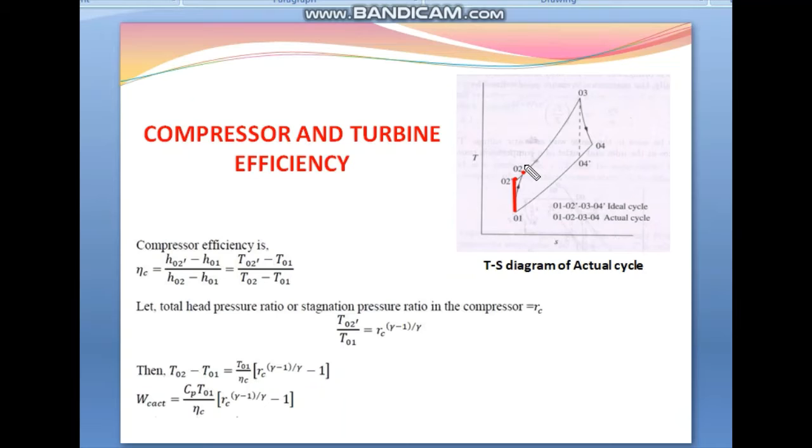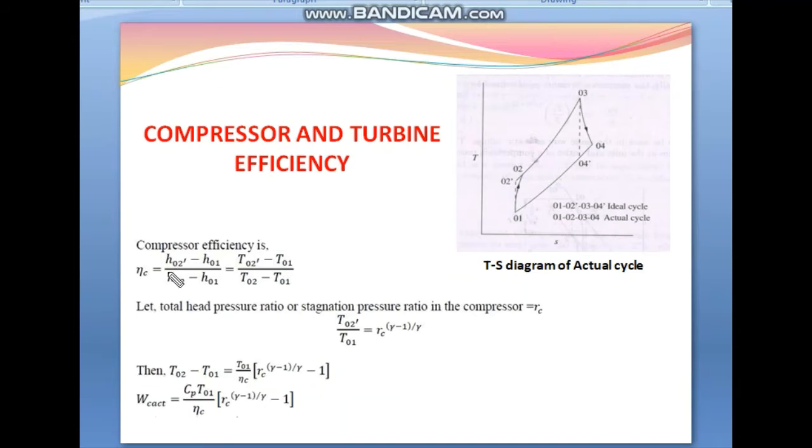Because of this, more work input to the compressor is required, and thereby the efficiency of the compressor comes into the picture. The efficiency of the compressor we can define as the isentropic compression work divided by the actual compression work.